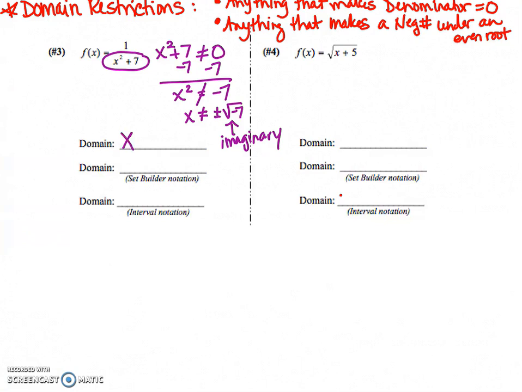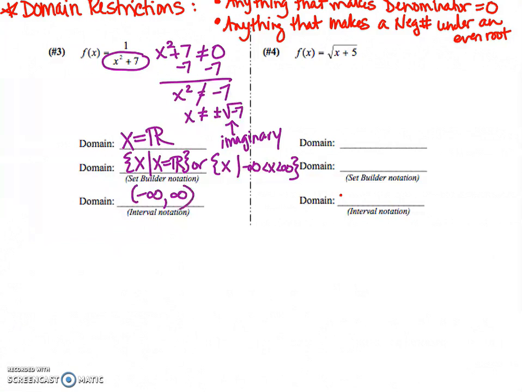So for this particular function, our domain is x equals all reals. In set builder notation, we could say x such that x equals all reals, or x such that negative infinity is less than x is less than positive infinity. And our domain in interval notation would be negative infinity, positive infinity with rounded brackets.